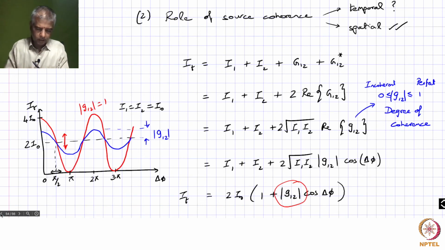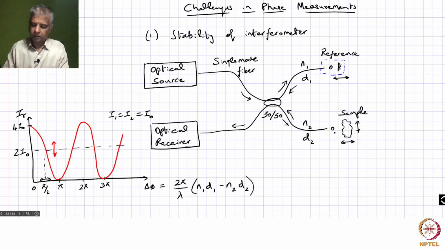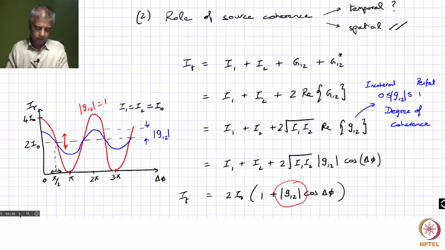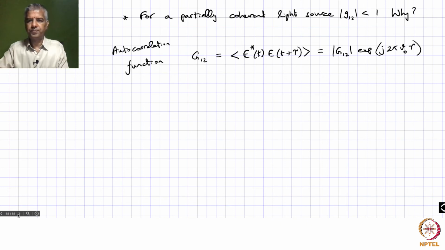And where is the delay coming from? The delay is coming from the fact that you are able to physically change the path length of one arm with respect to the other, right. So, essentially a Michelson interferometer is measuring the autocorrelation of any given source. Okay.